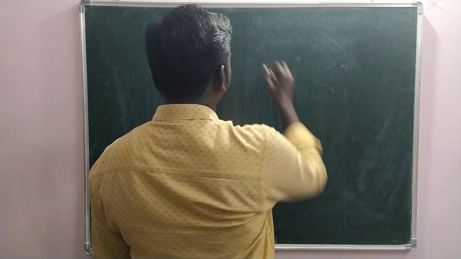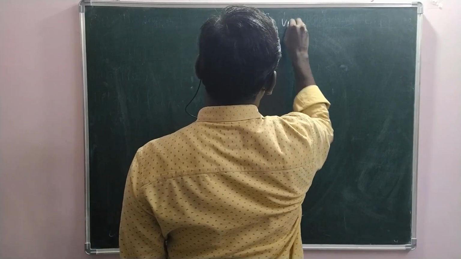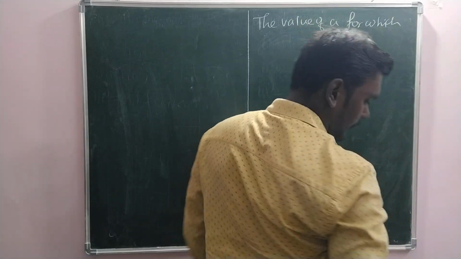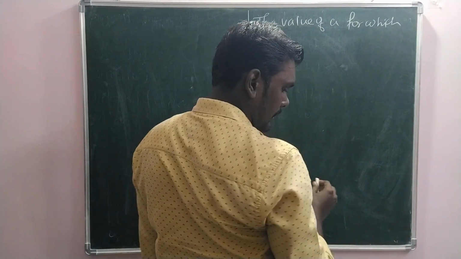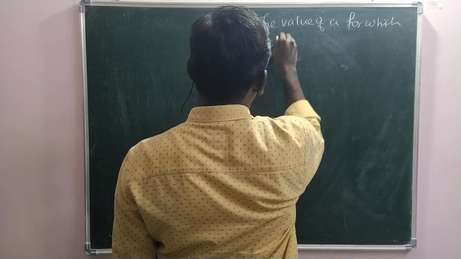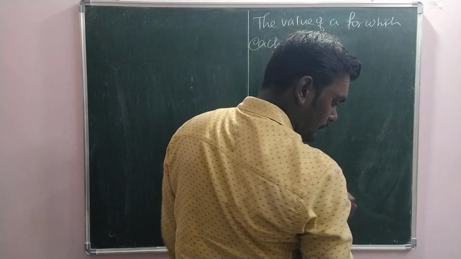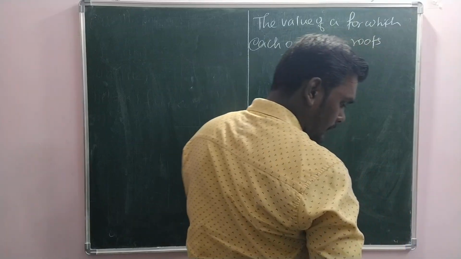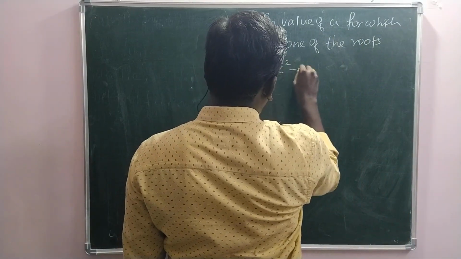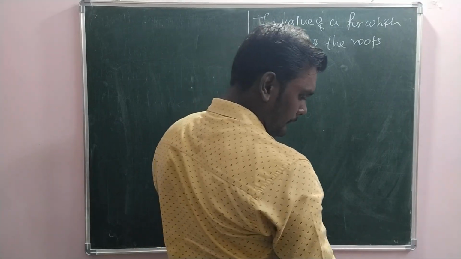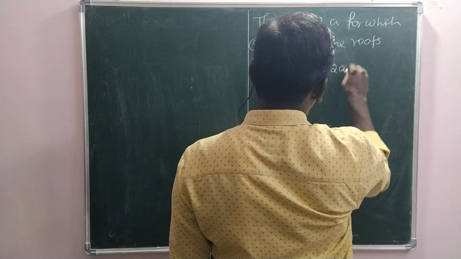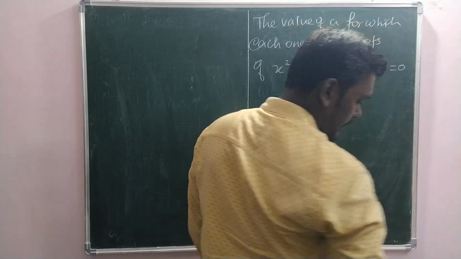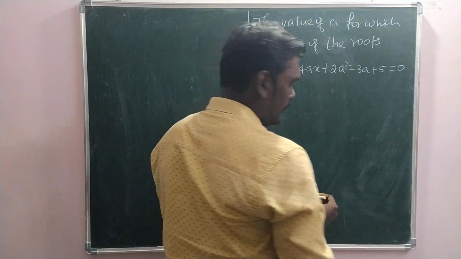The value of a for which each one of the roots of x square minus 4ax plus 2a square minus 3a plus 5 is equal to 0 is greater than 2.